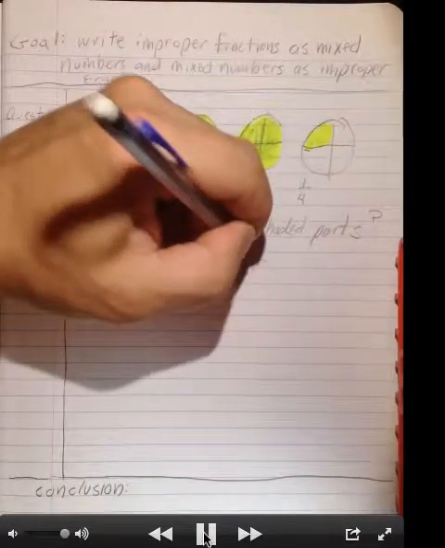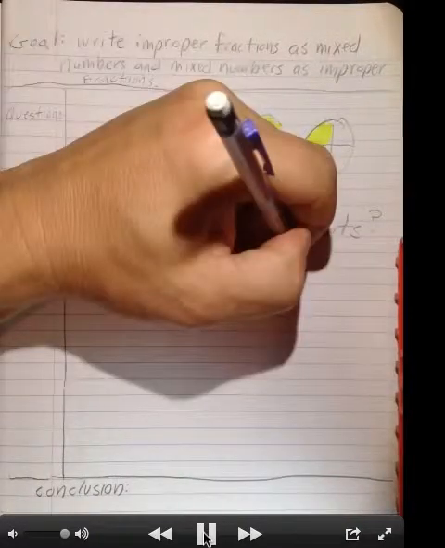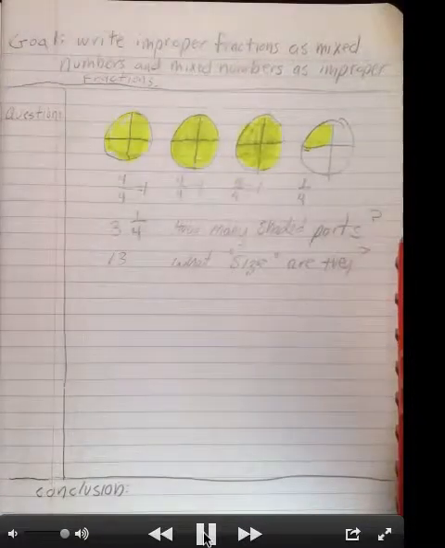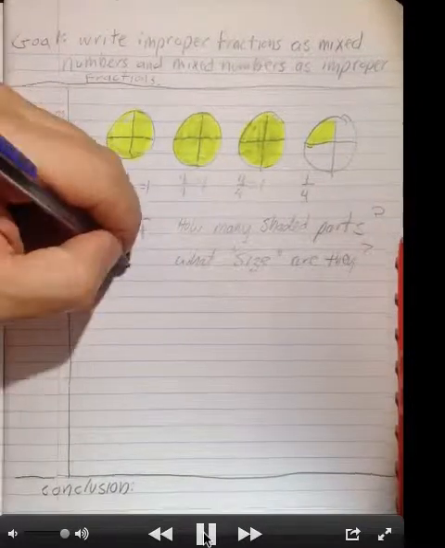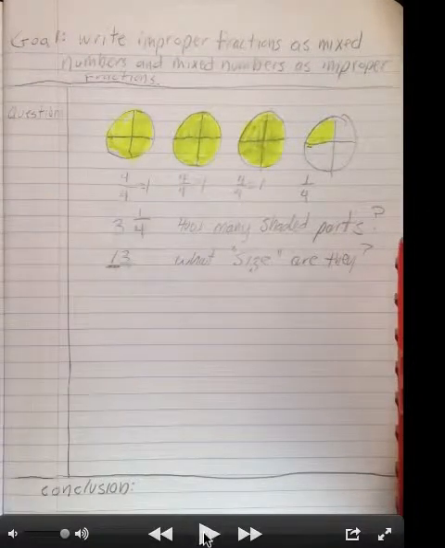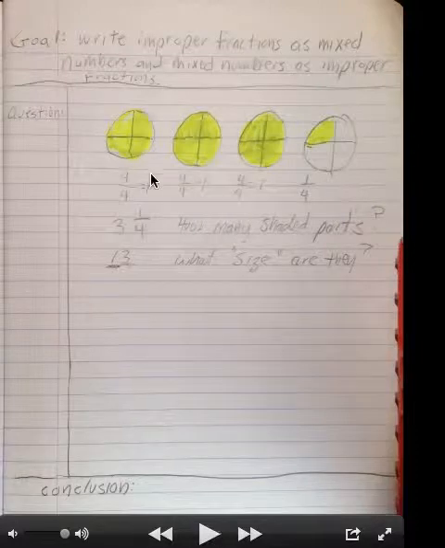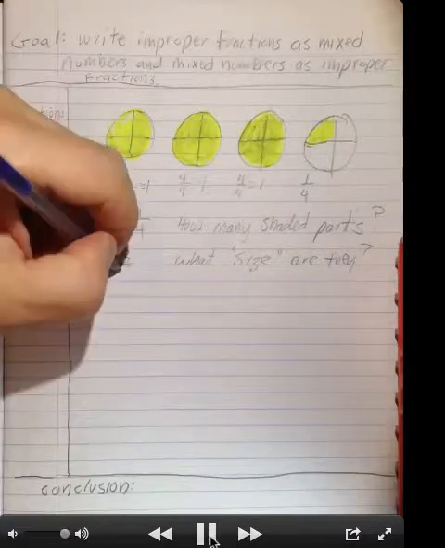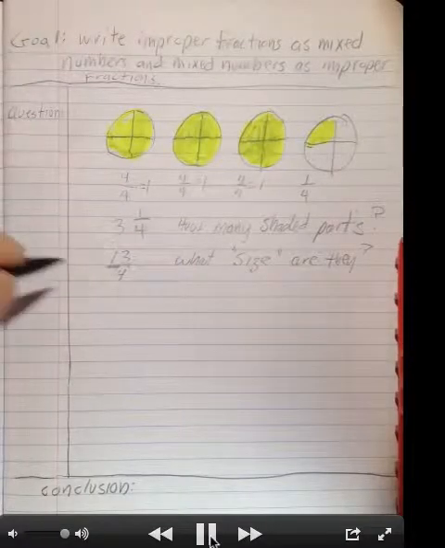What size are they? And these shaded parts are fourths because each of the wholes right here are cut into 4 equal parts, so they're fourths. So we have 13 fourths.